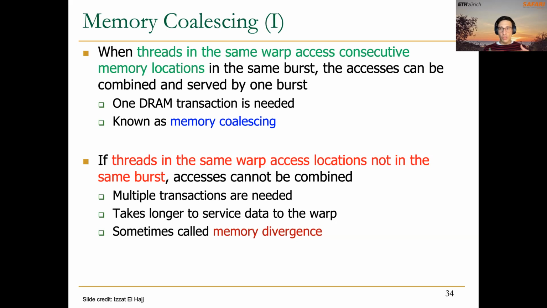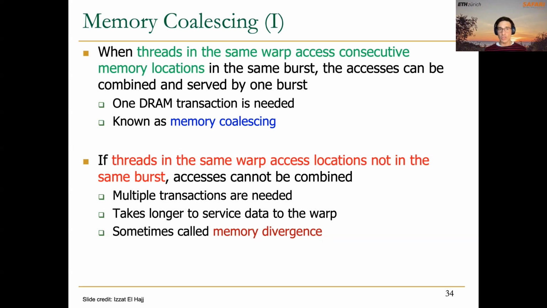If these 32 threads want data that belongs to the same DRAM row that is already in the local row buffer, the access will be much faster and much more efficient than if two or more threads belonging to the same warp need to access data that resides in different rows. Because if that happens, we will have row buffer conflicts, and that means we'll have to close a row, open a new row, and again pay all this long latency.